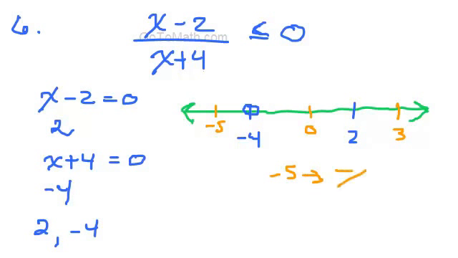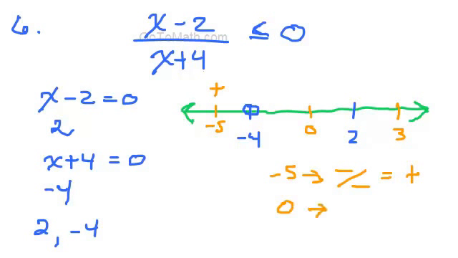And then plugging negative 5 in the denominator, that's a negative, and so we end up with a negative over a negative, which is a positive. We'll go ahead and write that right there. Alright, so let's go ahead now and take a look at 0.